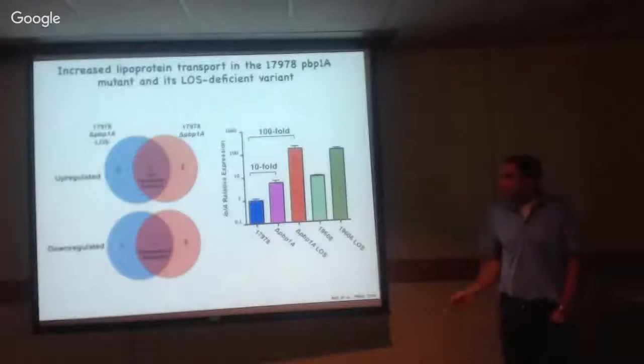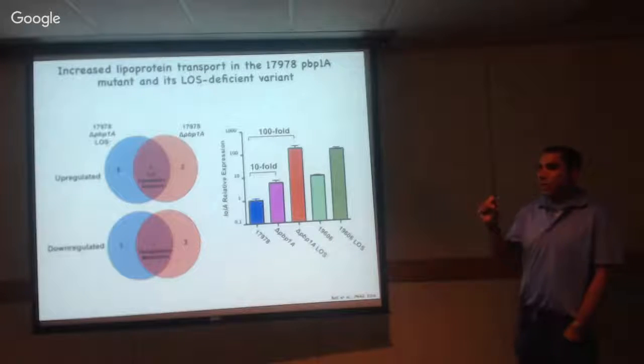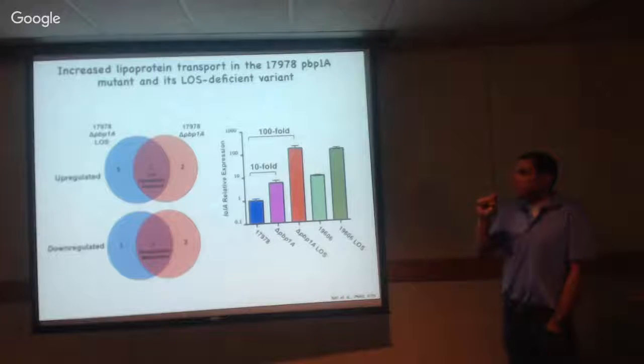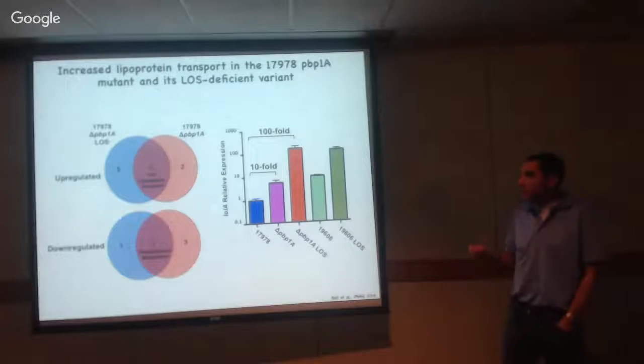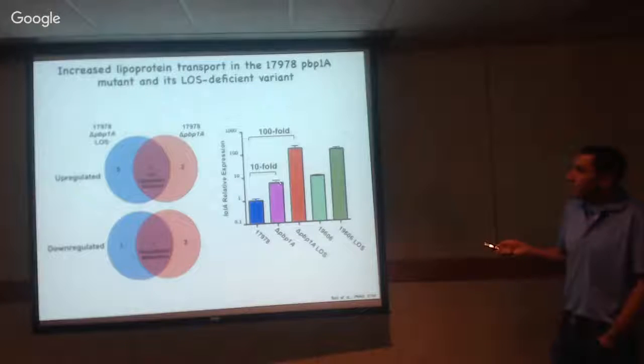And we confirmed this using qRT-PCR, where we were looking at expression of the lolA gene. This is the periplasmic chaperone that actually binds to the lipoproteins and moves them from the inner membrane to the outer membrane. And as you can see, in our PBP1A mutant, there's about a 10-fold increase of lolA transcription.